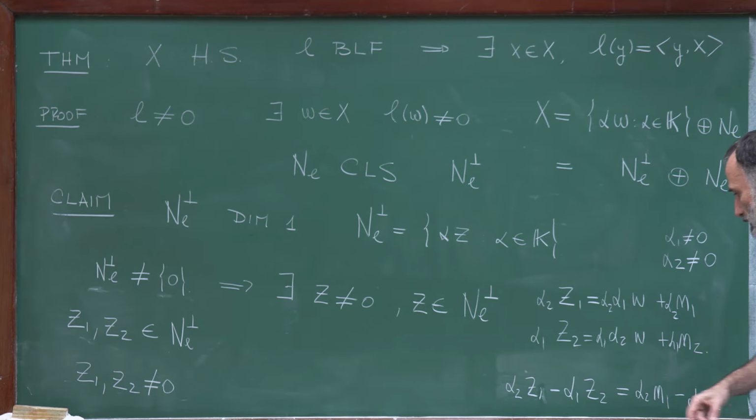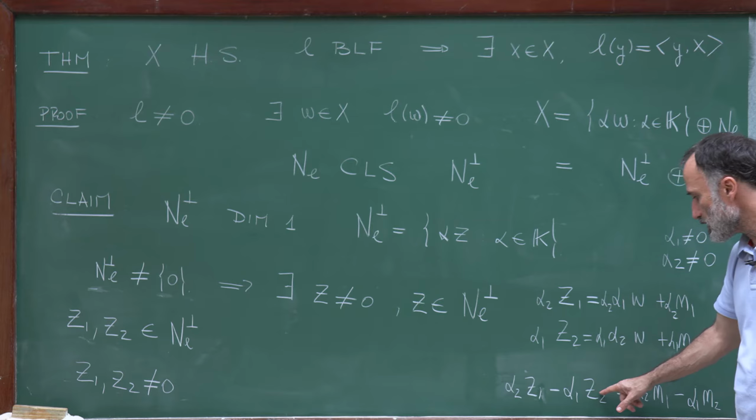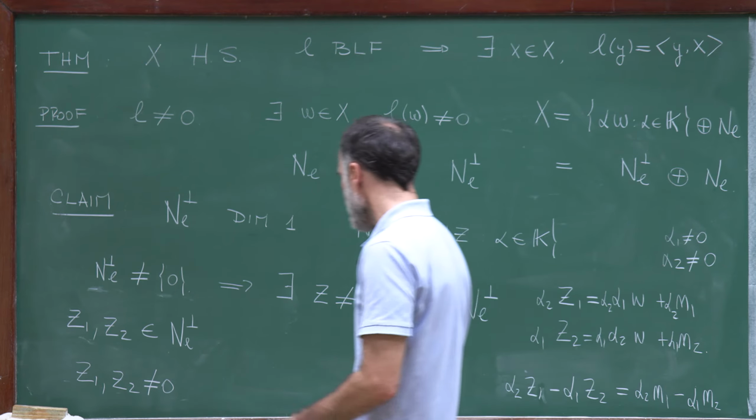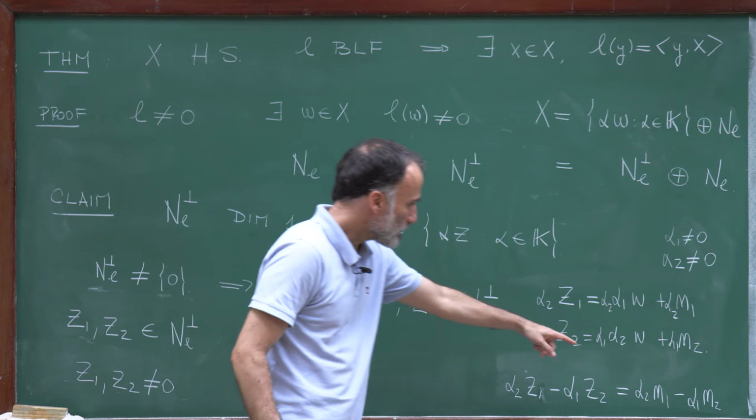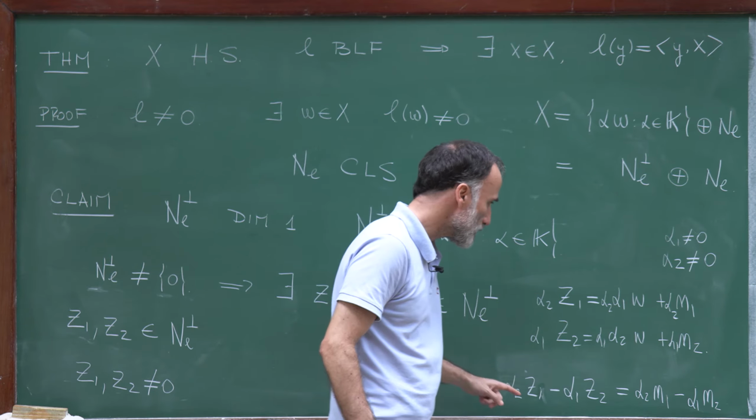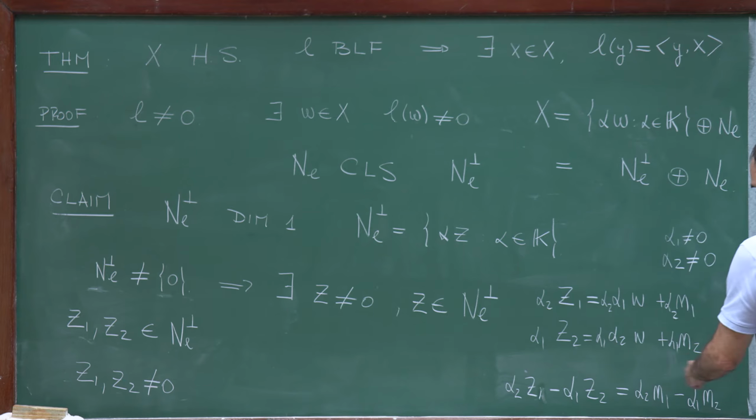And from this, since Z1 and Z2 are elements of the orthogonal space, on the left-hand side I have an element of the orthogonal space, and on the right-hand side I have an element of the null space.